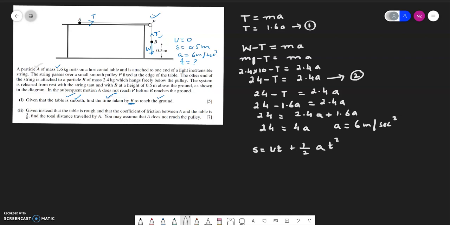Now s is 0.5 and u is 0, therefore the first term will become 0.